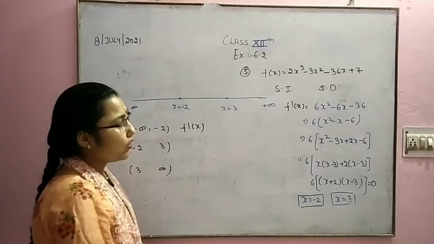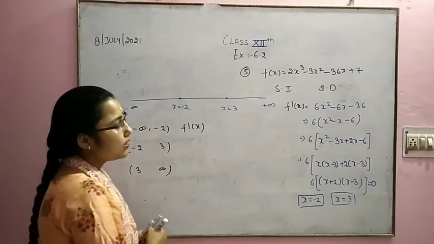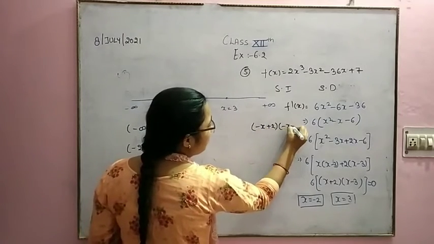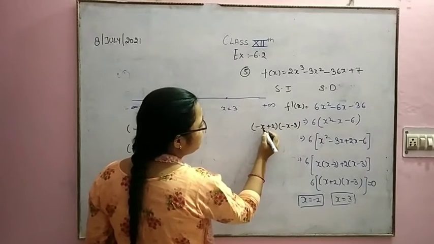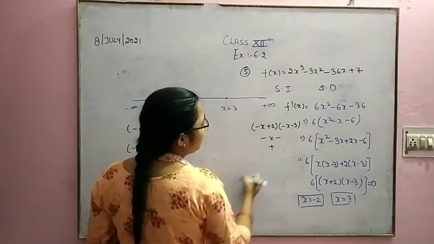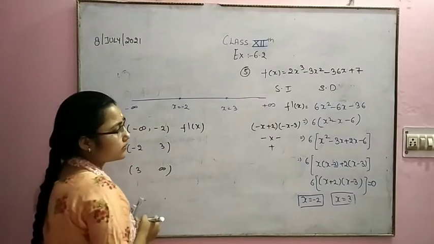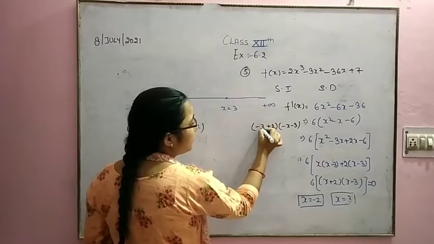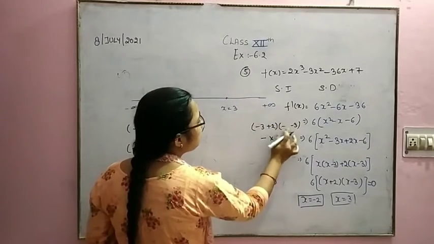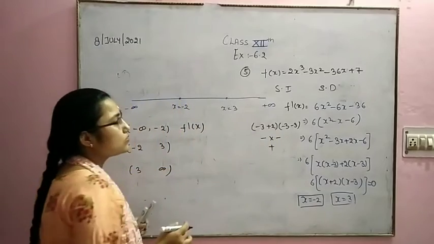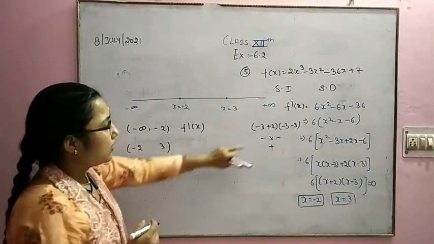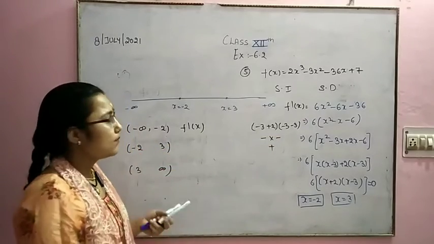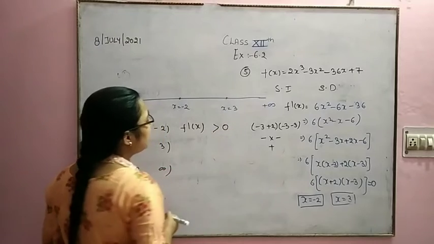So overall, minus into minus, we get a positive value. Correct? Because the value of x is more than 2 in magnitude, that means minus 3, minus 4, minus 5 and so on. When we separate the two numbers, always observe the value of the greater number. So we get a negative sign here and also a negative sign here. So overall we get a positive value. So f dash x is greater than 0.